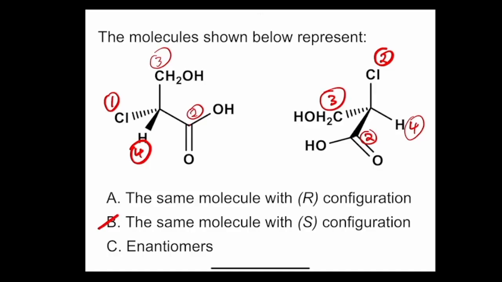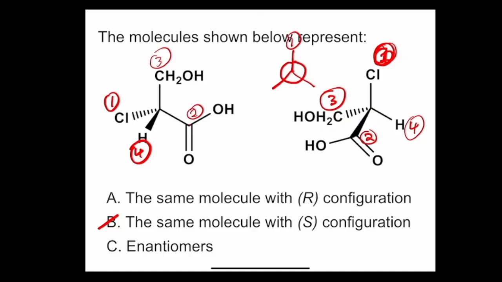The difficulty with the one you have over here is that geometry. Lowest priority group is in the plane of the page, right? Sorry, highest priority group is here. That's number 1, sorry. So if chlorine is here, number 1, hydrogen is away from me. If I'm standing, and this is a Newman projection of this molecule, it's almost like looking at it. I'm trying to set it up like this.